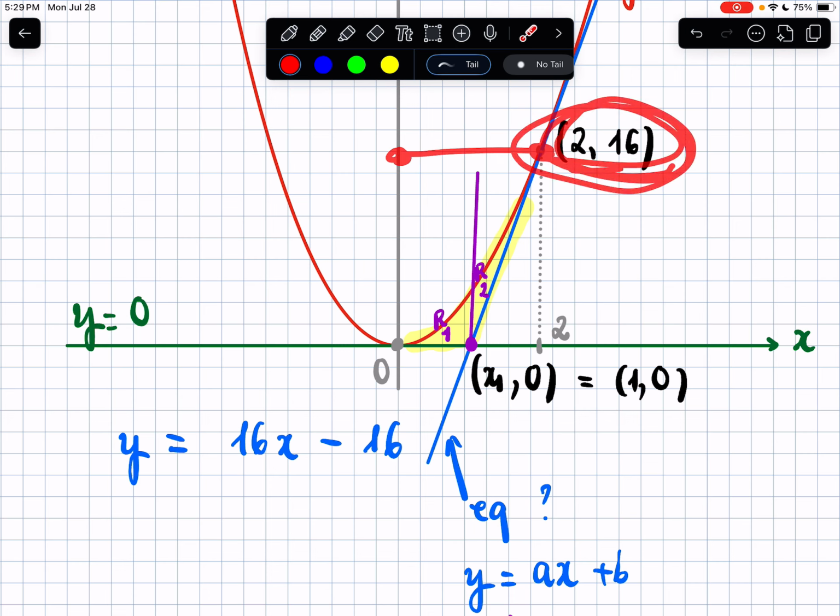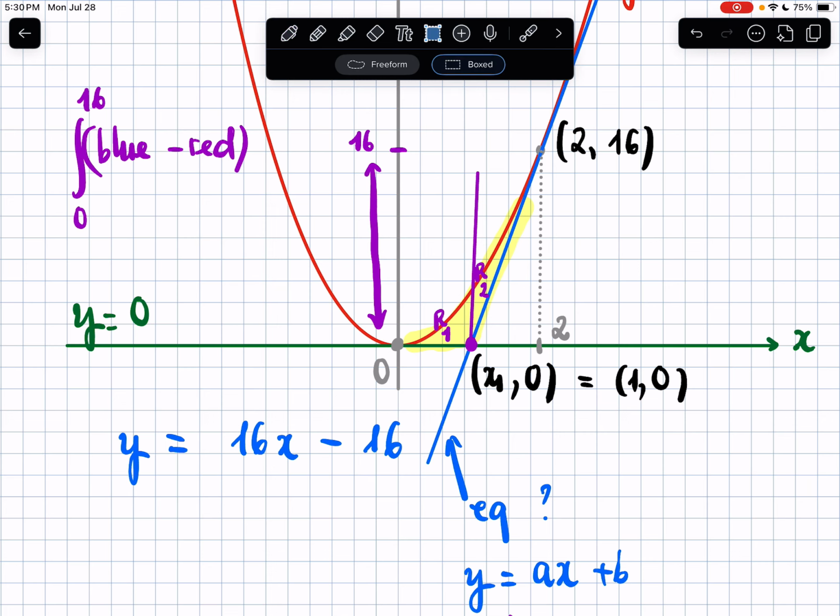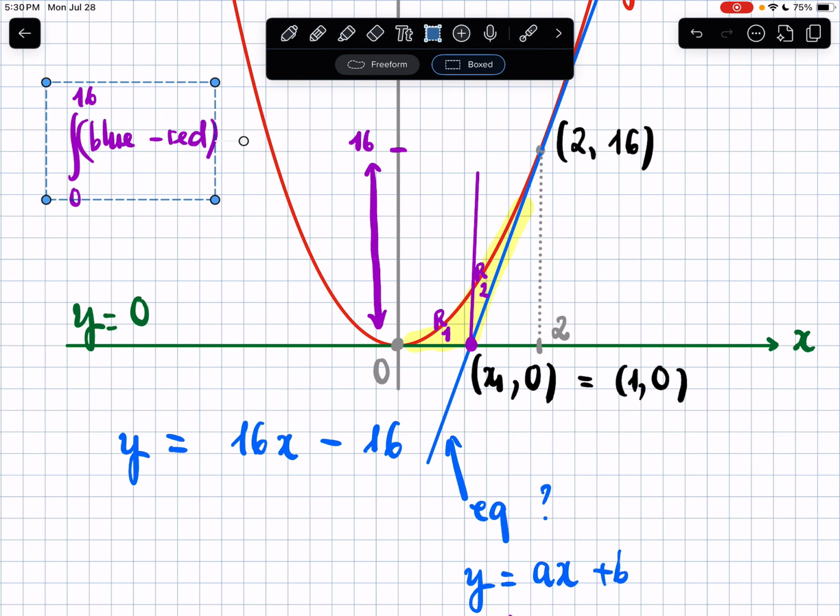So y is between 0 and 16. And we can set up the integral from 0 to 16 of the blue minus the red, dy. That is the second method we can do.